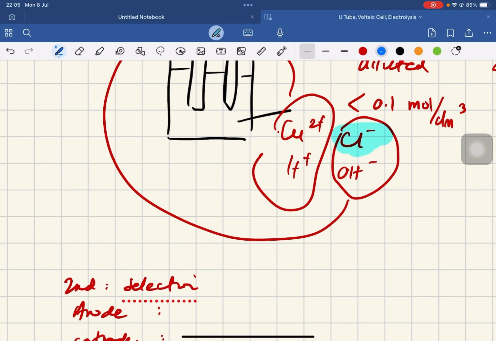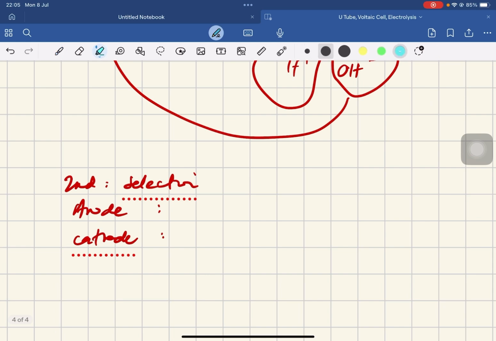Why? Because the solution is concentrated. You cakap macam tu. Okay, so Cl would be chosen. Okay, so Cl akan dipilih untuk discharge. Okay, so itulah tadi, Cl is chosen. Kan, kenapa to be discharged? Why?